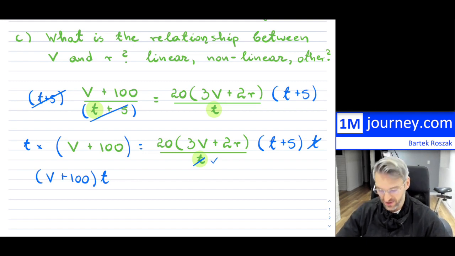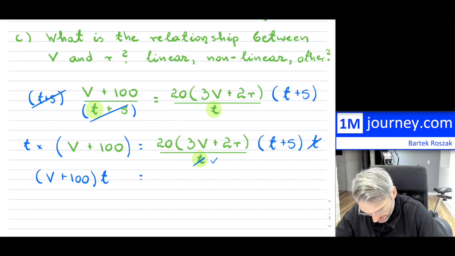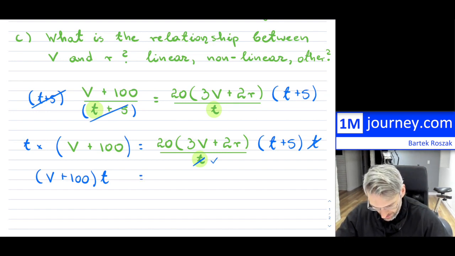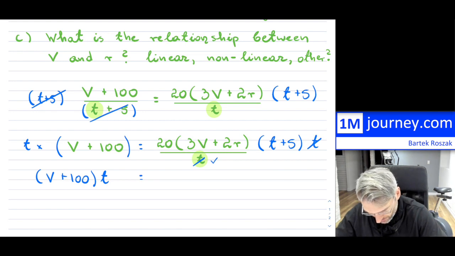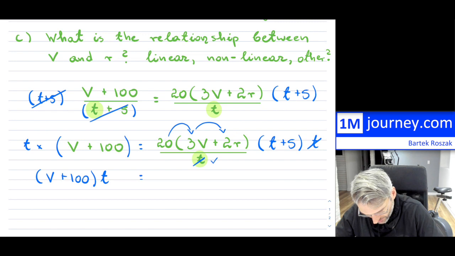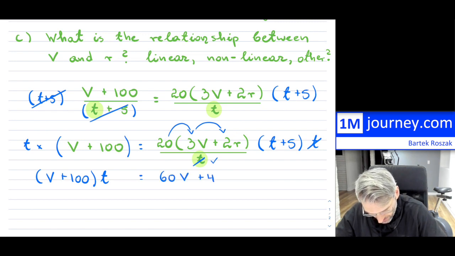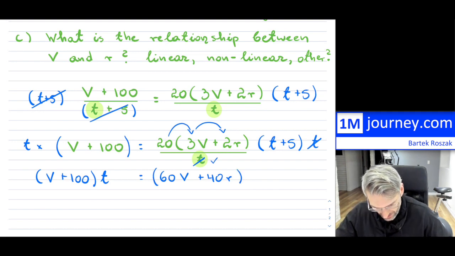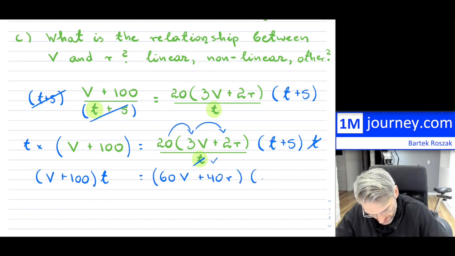It's unnecessary because I want t on its own. Now on the right-hand side, I'm going to simplify a little bit for myself. I'm going to bring this 20 inside here so that I'm not dealing with too many things. So this is going to be (60v + 40r), still in brackets because I just put that in there, and then I have this (t + 5).